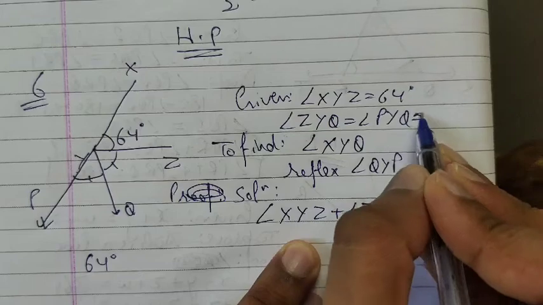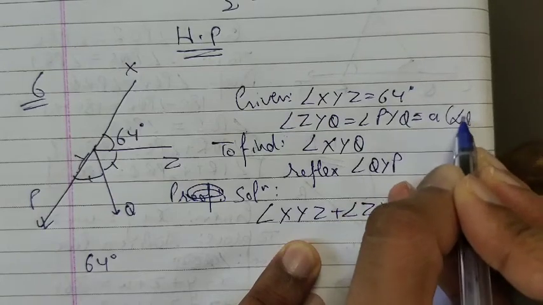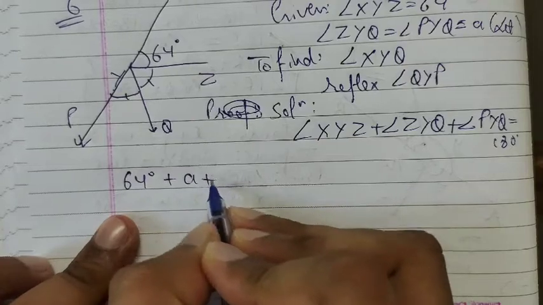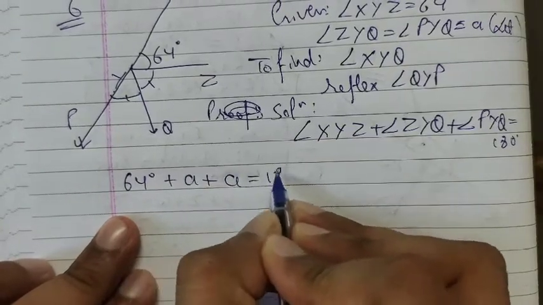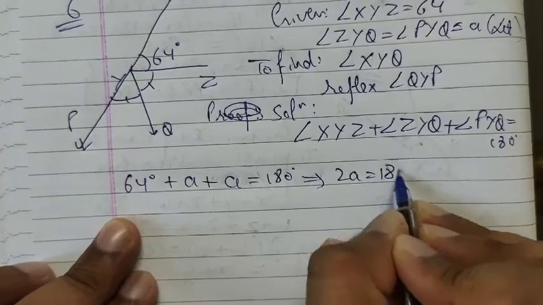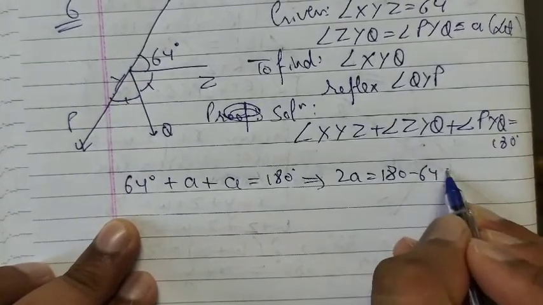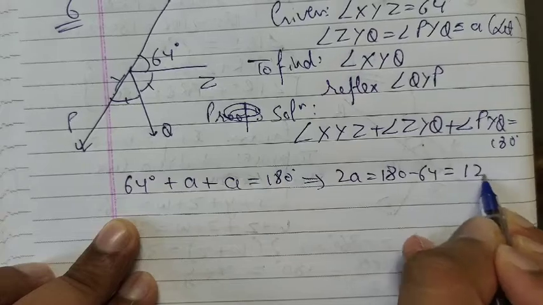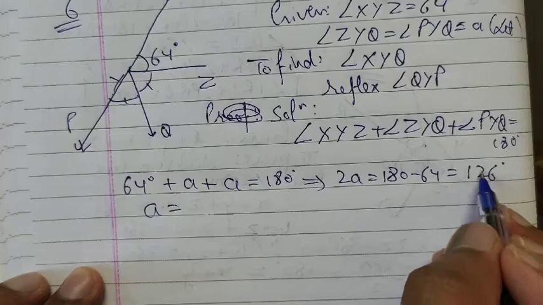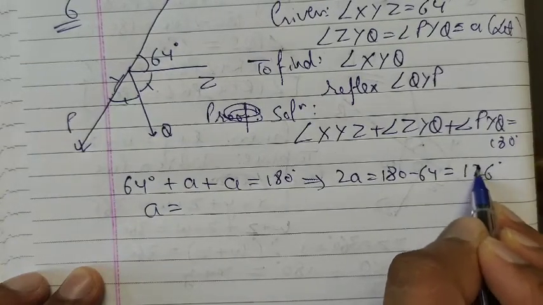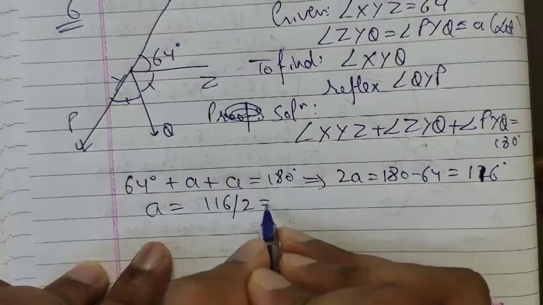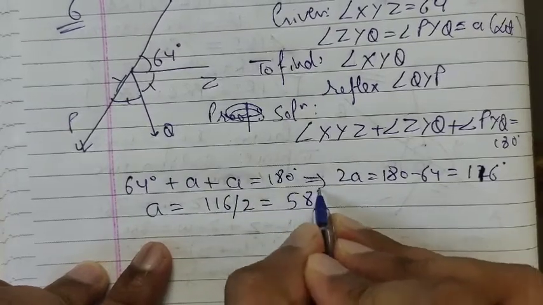So let it be A, right? So ZYQ is A plus PYQ is also A is equal to 180 degree. So this implies 2A is equal to 180 minus 64, which is not 126, 116 degree. So A is equal to 116 upon 2, which is 58 degree, right?